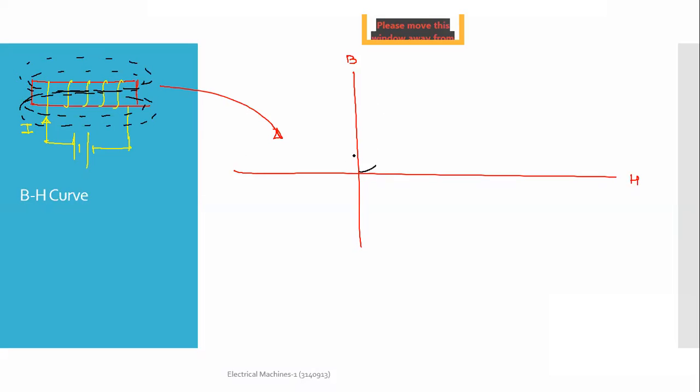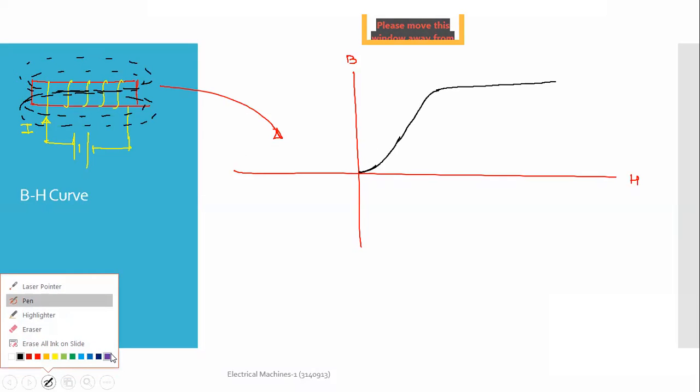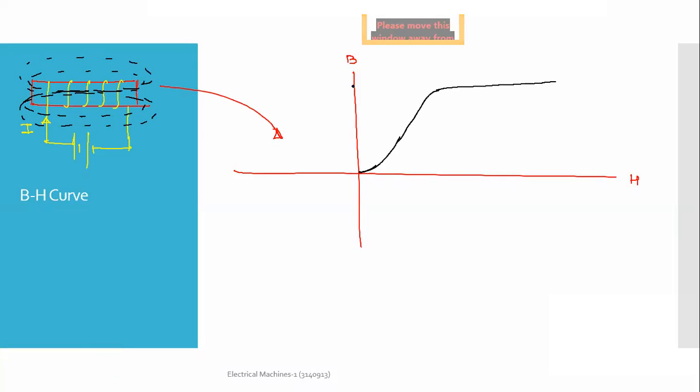And by this time, we have reached the knee point at this point. Now if I increase the current further, flux will not increase proportionately and the curve will be like this. So now you see what will happen. Suppose I want to change flux by a small percent like this.